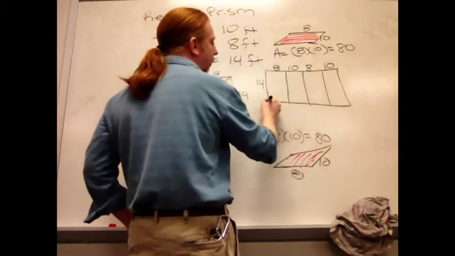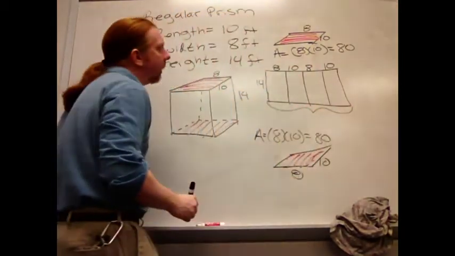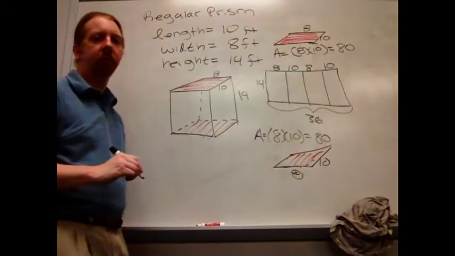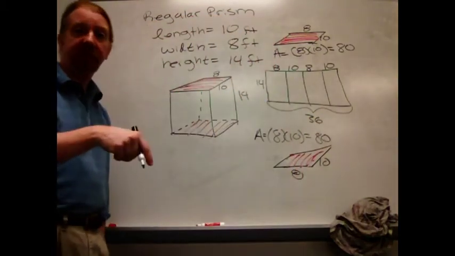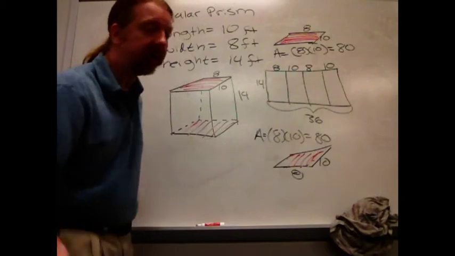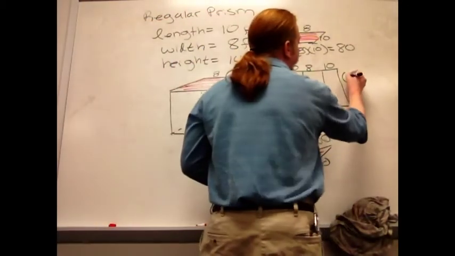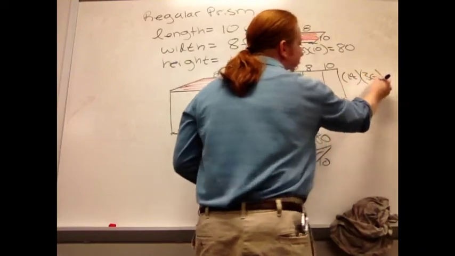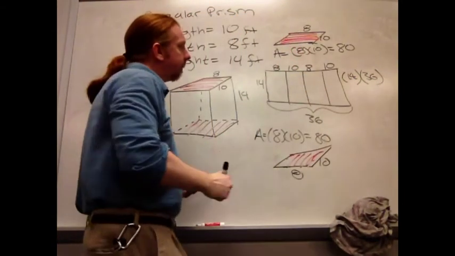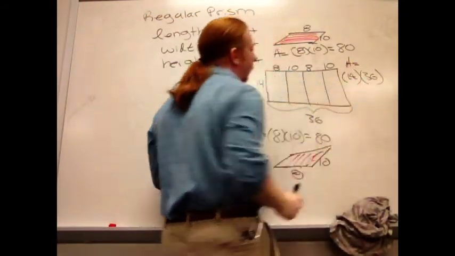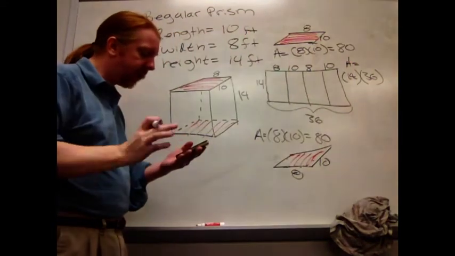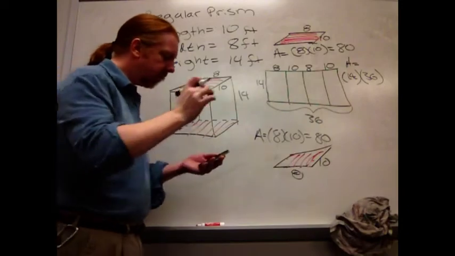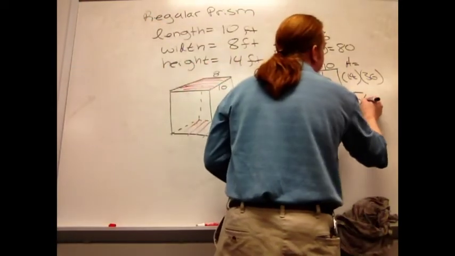So now this whole side is going to be 36. That's 8 plus 10 plus 8 plus 10. So that means the area here is 14 times 36. And according to my calculator, 14 times 36 puts me at 504.